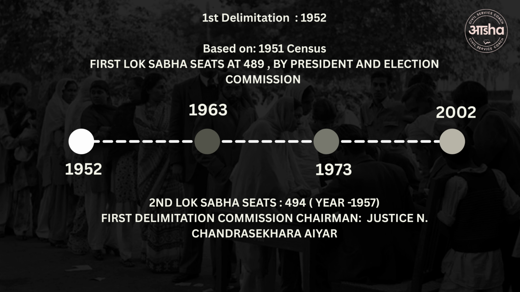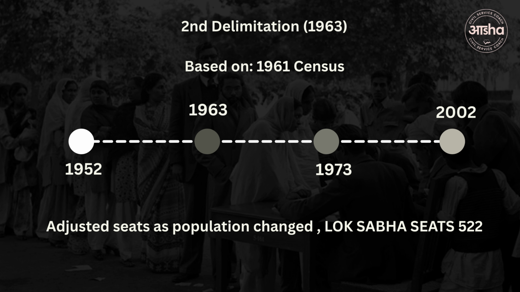The first delimitation of 1952 set up the first constituencies for independent India. This was used in the first general elections and the Lok Sabha seats were 494. The second delimitation of 1963 adjusted the seats as per population and increased it to 522.